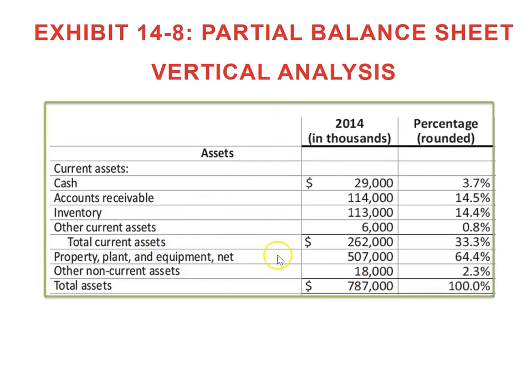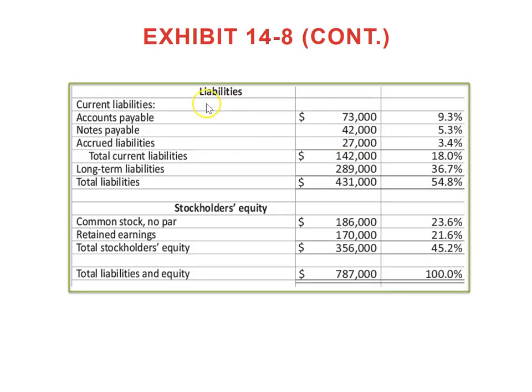For example, this is the vertical analysis for your balance sheet, and these are the assets on your asset side. You're going to express every asset item as a percentage of your total assets. And again, for liabilities and stockholders' equity, you're going to express everything as a percentage of your total assets. And of course, you know from your financial accounting class, total assets must be equal to your total liabilities and stockholders' equity.